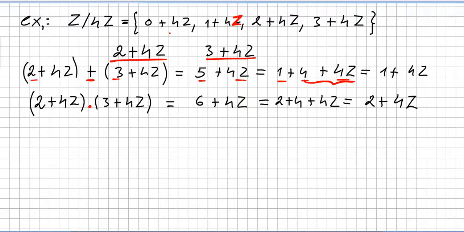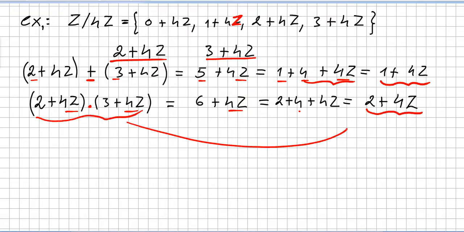So at the end, adding these two is 1 plus 4Z. What about the multiplication? 2 times 3 is 6, and 6 is like 2 plus 4, and 4 again is like 0, because it's modulo 4. So this product is 2 plus 4Z.